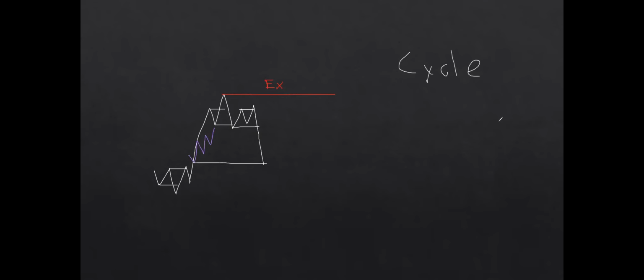So the next target is going to be to take out external liquidity. Once internal is taken, we're going for the external, and once external is taken, we're coming back for the internal. Now it's not going to look this perfect, but this is the cycle of the range.